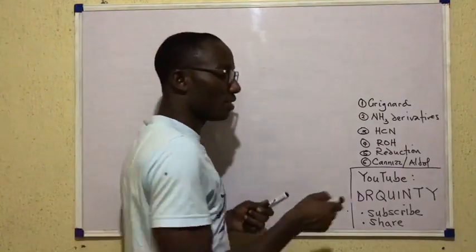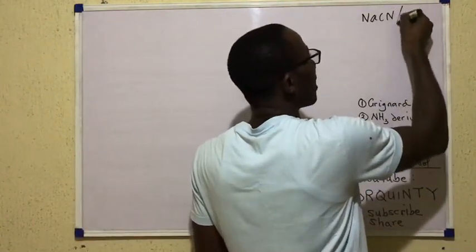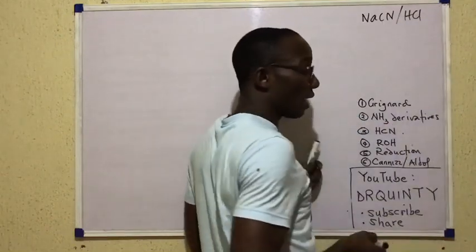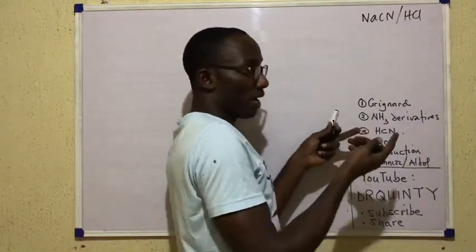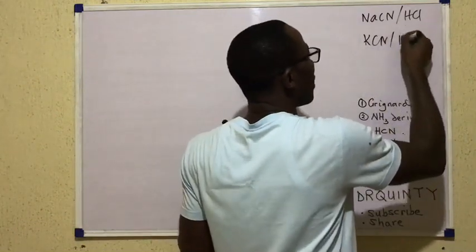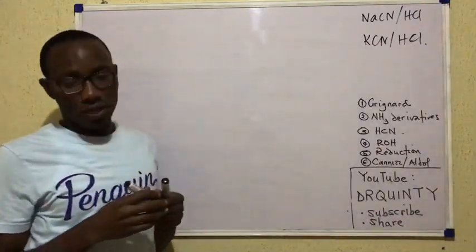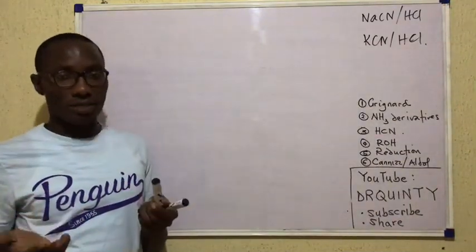So handling HCN may not be advisable, so that we could put in NaCN and HCl, sodium cyanide and HCl, so that these could react to produce the HCN, or we put in KCN and then HCl. When you see that mixture in a reaction, you could actually take it to mean HCN.